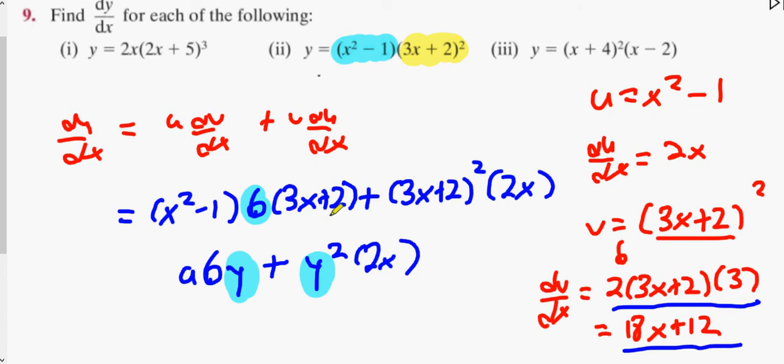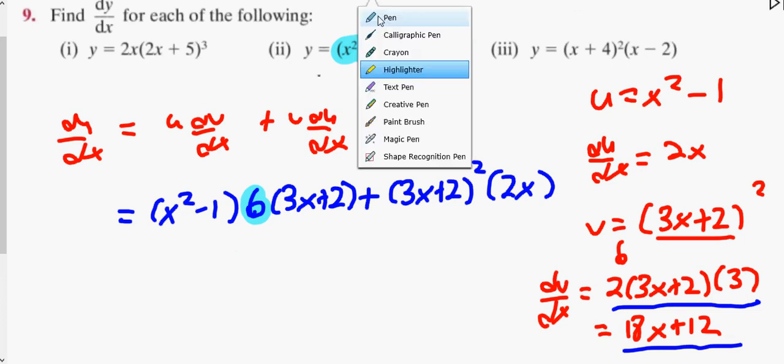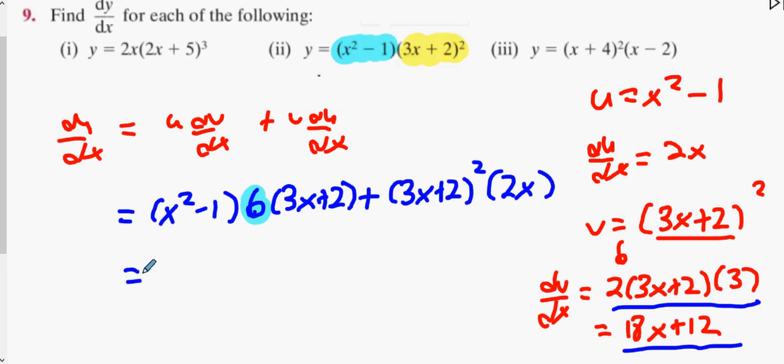See the way there's a 3x plus 2 in both of them? I can factorize out the 3x plus 2 parts. That's what I'm trying to say. I can factorize that out, and it makes the whole multiplication process a lot easier. So, what do we reckon? Or we could just multiply it all out. You could just multiply it all out if you really want.